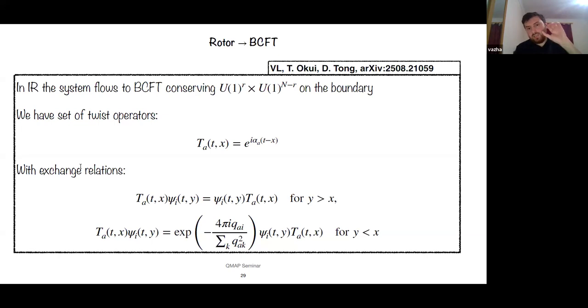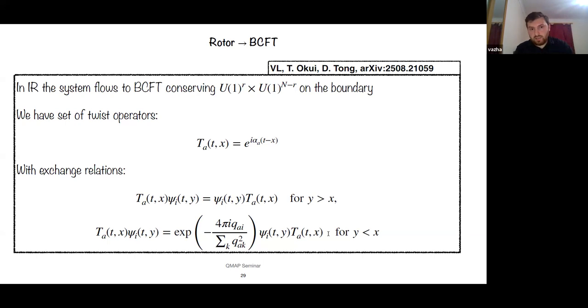In all of these cases, we found a set of twist operators that are always written in terms of exponential of i alpha. But now notice that we have multiple operators, so it carries an additional index. These twist operators, first of all, have exactly the same exchange relations that were previously found using CFT techniques. And second of all, we can also do this bosonization trick, and we can explicitly find the form of these operators, and it will agree with the form of the twist operator obtained with CFT techniques.